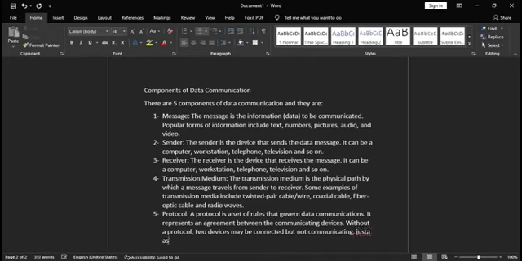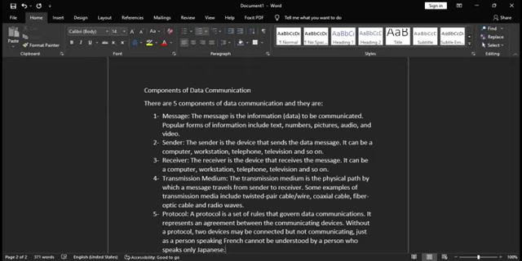Just as a person speaking French cannot be understood by a person who speaks only Japanese. So these are the 5 components of data communication.